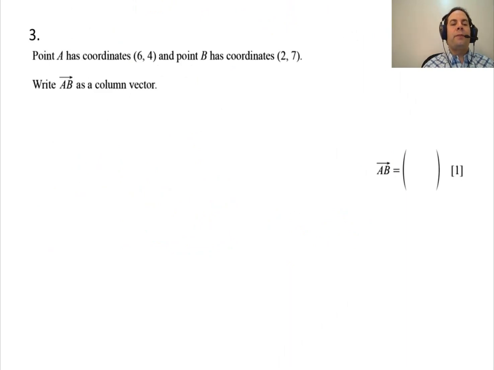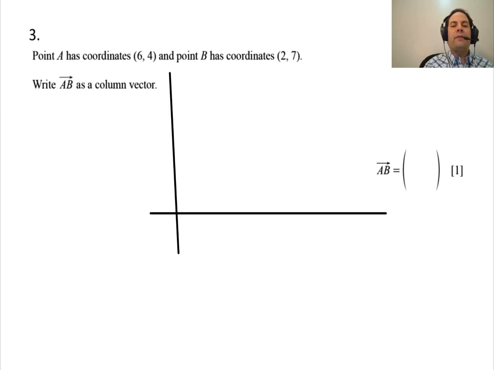Question number 3. A point A has coordinates 6 and 4, and another point B has coordinates 2 and 7. Write AB vector as a column vector. First, I'd like to represent these 2 points in the XY plane. Let's first represent the x-axis and y-axis.